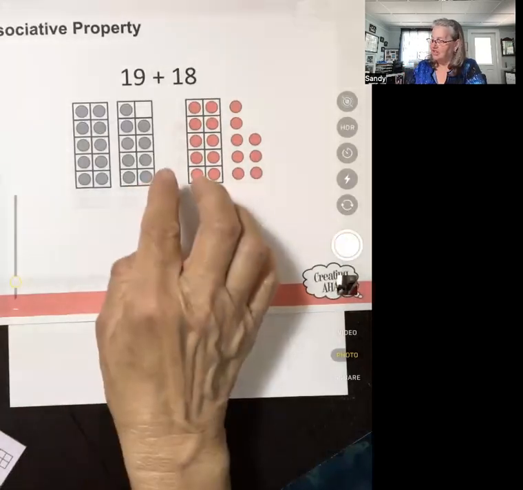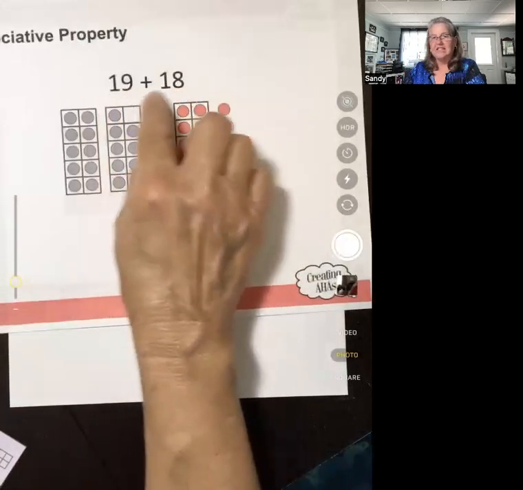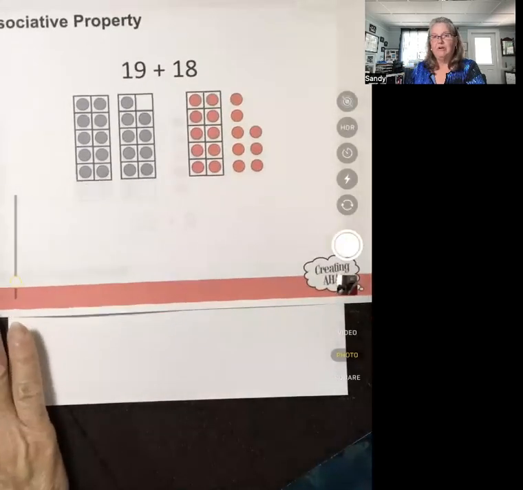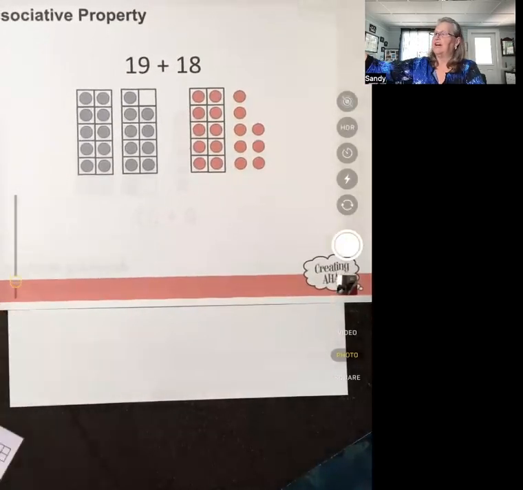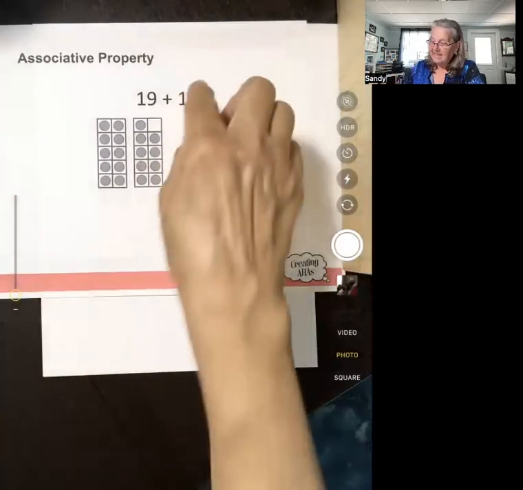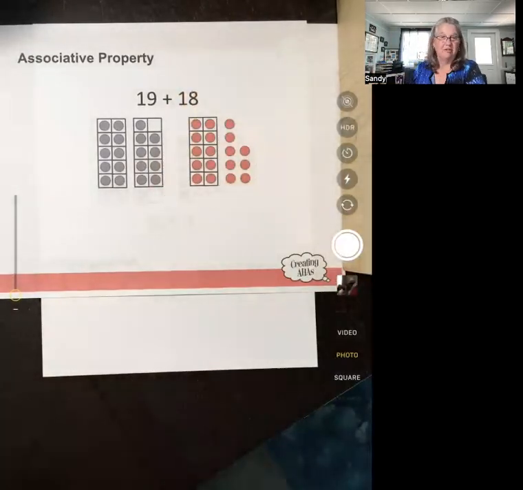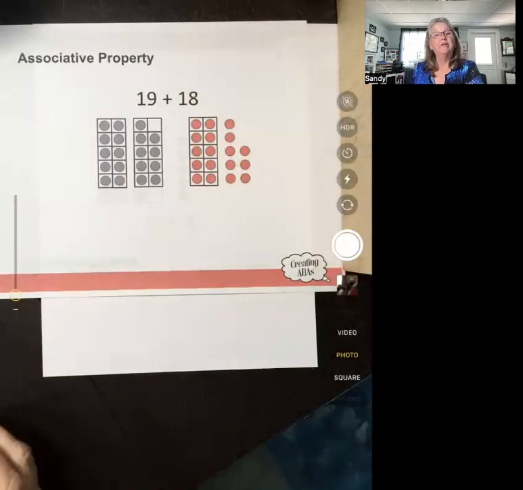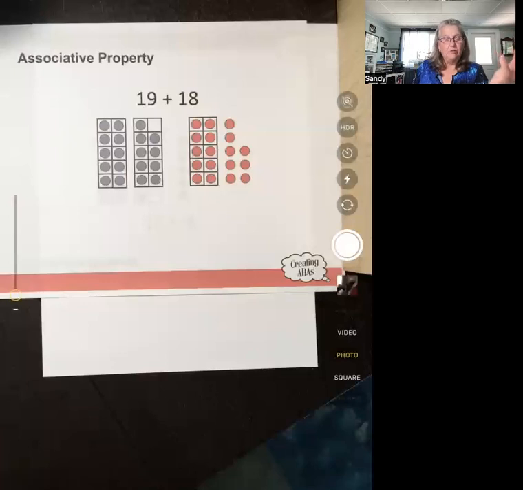See, when I was young, I would have had to write this vertically, and I would have done what we called carrying, right? You would have had 8 and 9 with 17, carried the 1. Now they'll call regrouping. We think of 17 ones as 10, 1 ten and 7 ones. We rethink it, regroup it.